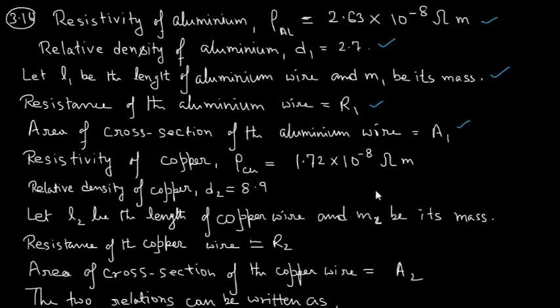Resistivity of copper rho Cu is equal to 1.72 into 10 to the power minus 8 ohm meter. Relative density of the copper D2 is equal to 8.9. Let L2 be the length of the copper wire and M2 be its mass. Resistance of the copper wire is R2. Area of cross section of the copper wire is A2.